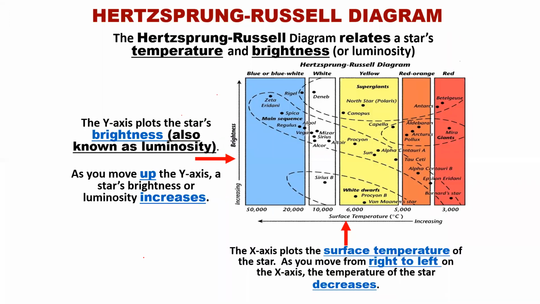Notice that the y-axis is brightness, also known as luminosity or magnitude. As you move up, the stars get brighter. The temperature is at the bottom, and it increases from right to left. It's the opposite of math. And if you forget, you can always look at the numbers like Ashley and David did, instead of having to remember that it goes from right to left.